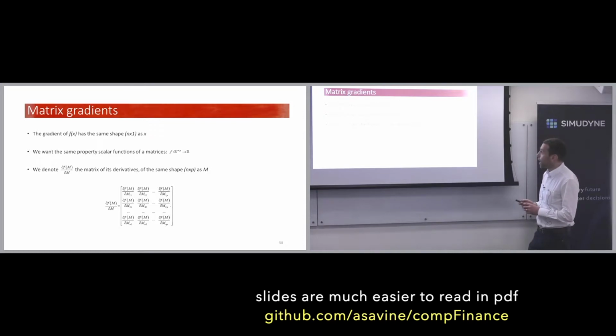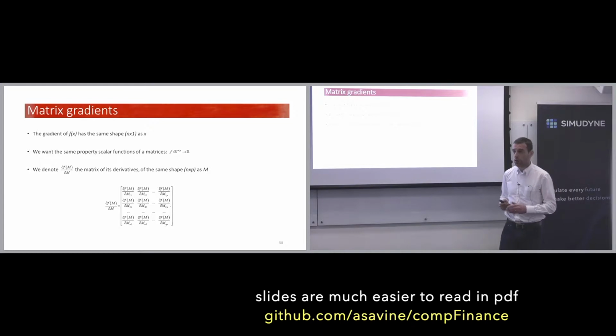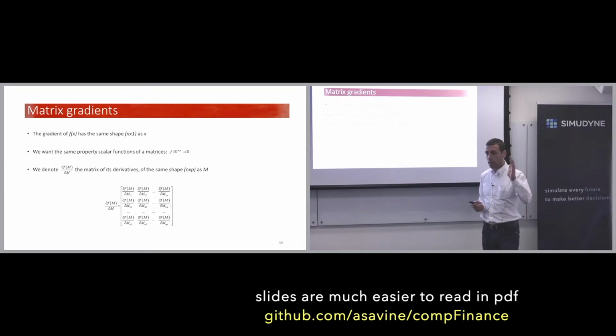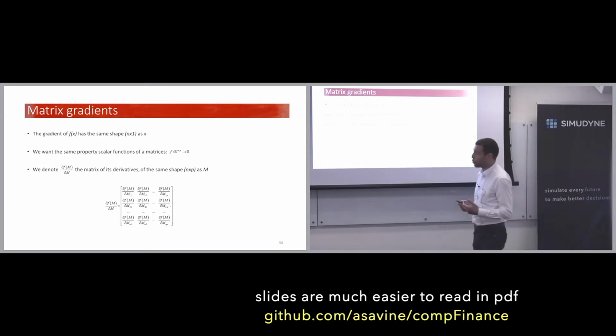Now, just to generalize to matrix gradients, the gradient of f of x has the same shape as x, right? Because we say that f is a scalar function, so the derivative with respect to an object has the same shape as this object. So we'd like to generalize that to matrices.